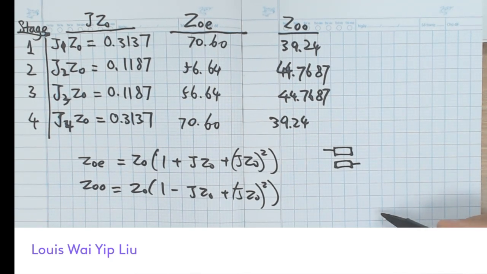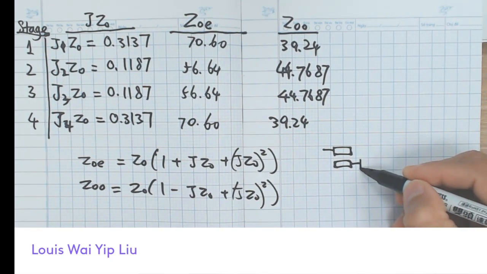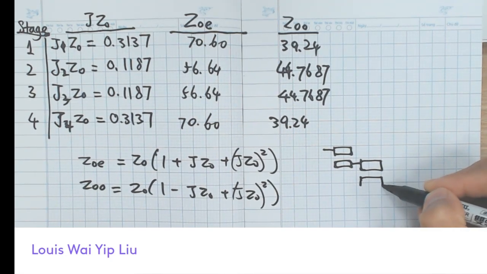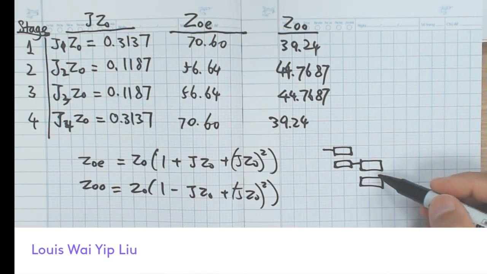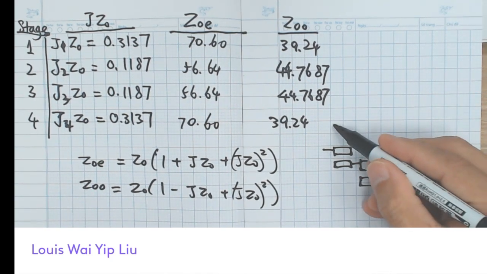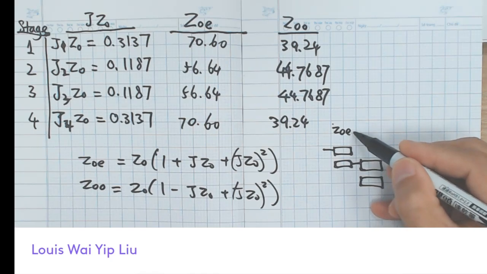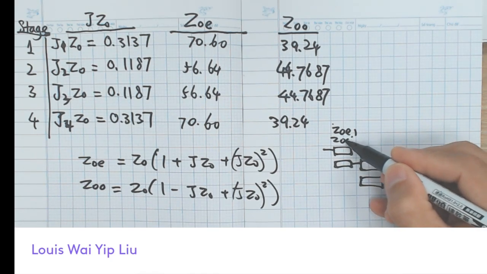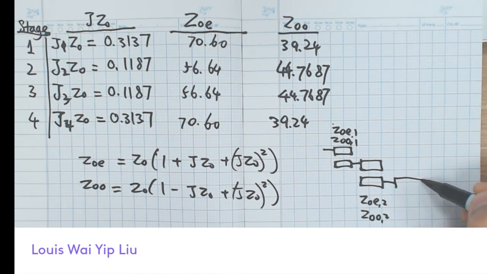In stage 2, we will have another coupled line like this, and in this case this one is Z0E1, and this one is Z0E2. So we will continue with this process.